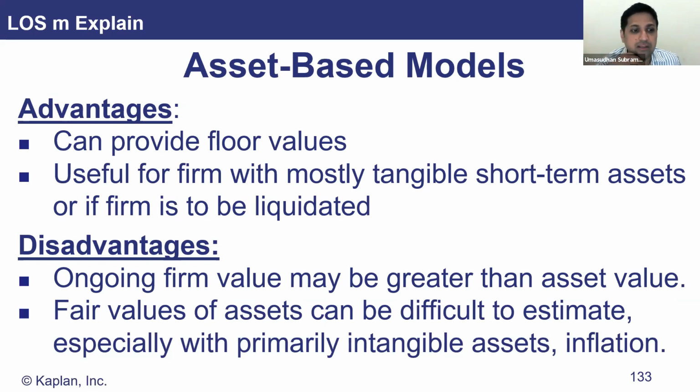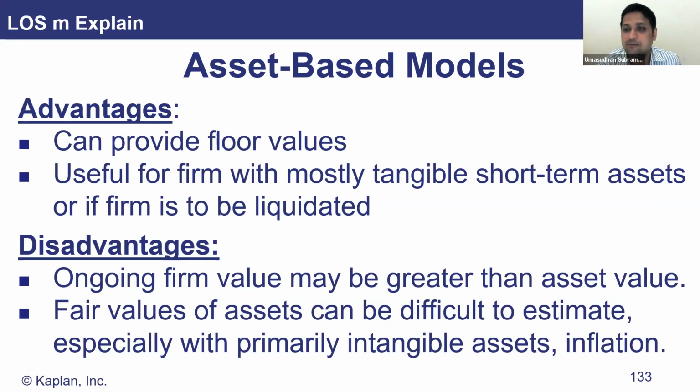Disadvantages: the value of the company may be significantly higher than the asset value, because there are many assets in the company which are not on the balance sheet. Number one, ongoing firm value may be greater than the asset value. Number two, fair value of assets can be difficult to estimate, especially with primarily intangible assets. What does that mean?